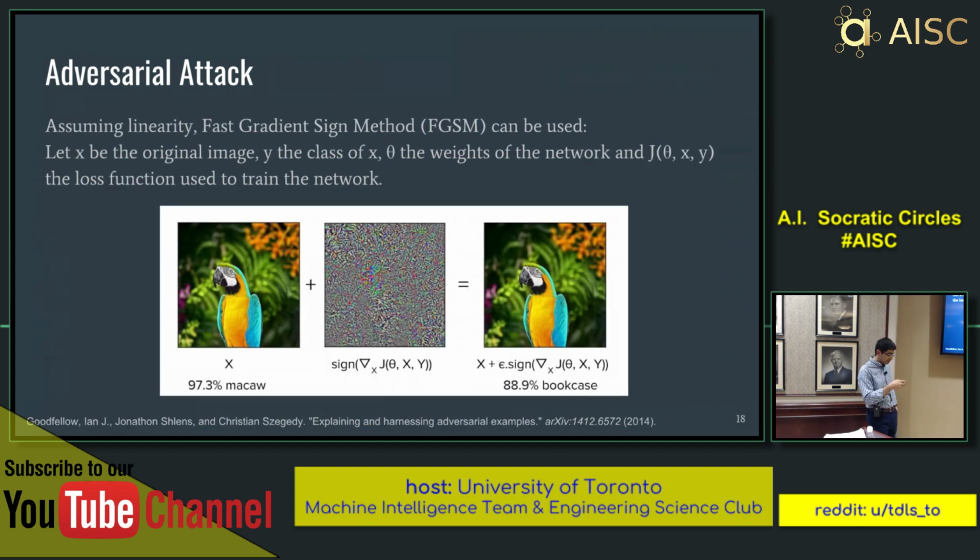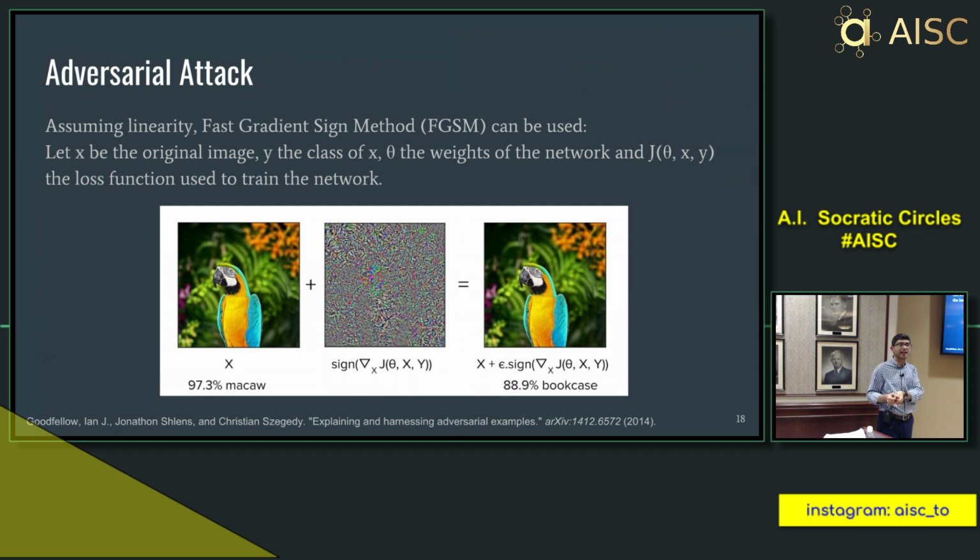One of the most cited papers, maybe even the first, is Goodfellow's paper, called the fast gradient sign method. What it does is maximize the loss function. We want to minimize the perturbation and, at the same time, maximize the classification error, hopefully pushing it to the other side.